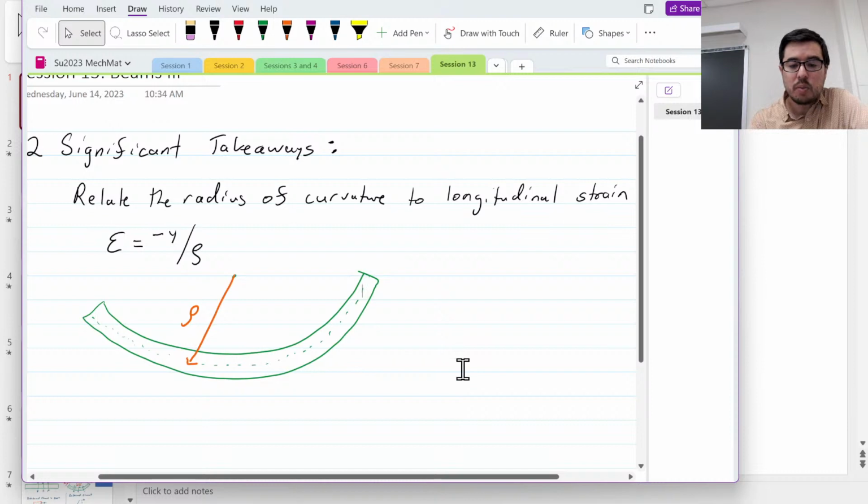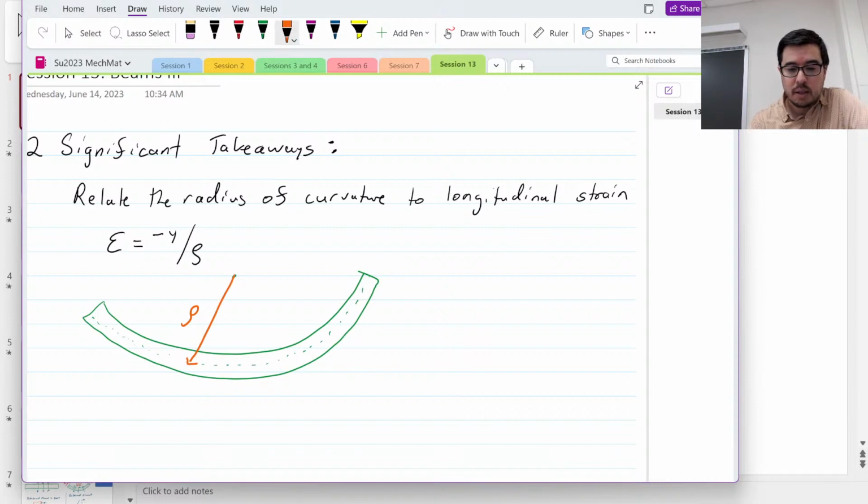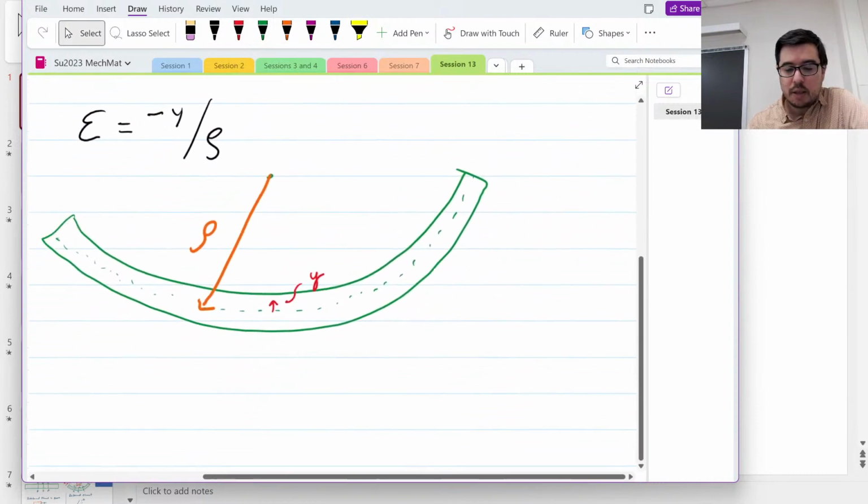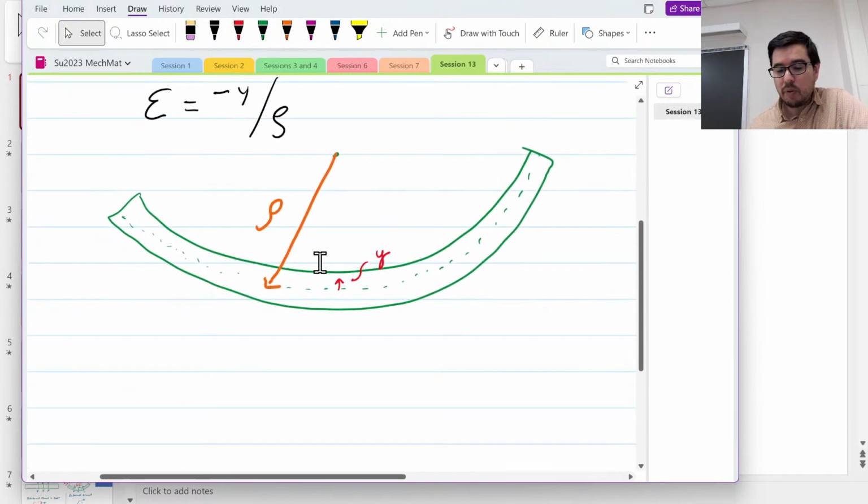As we look at our beams, this y is the distance away from the neutral axis. When y is positive, we're going up, above the neutral axis, and when y is negative, we're below.